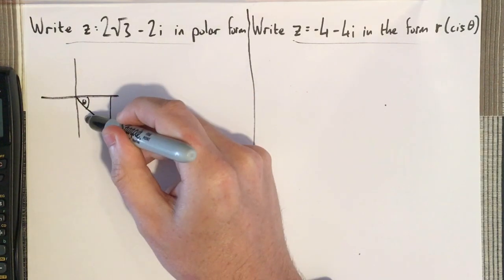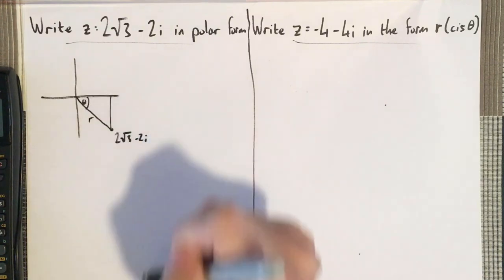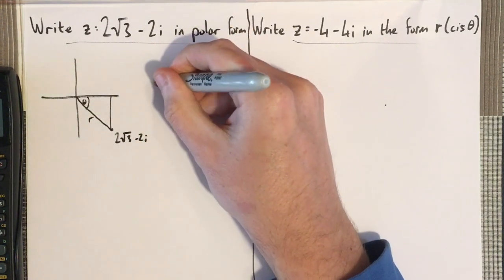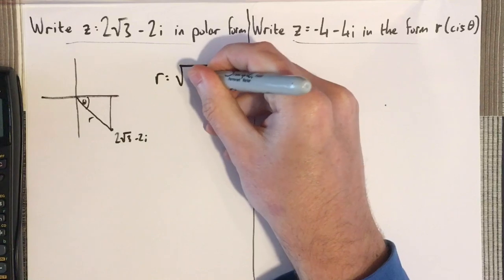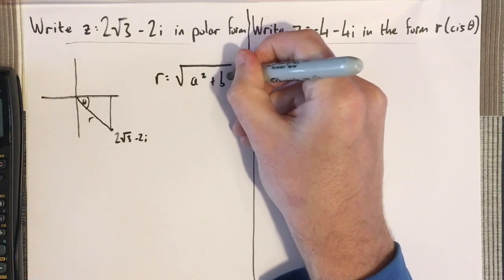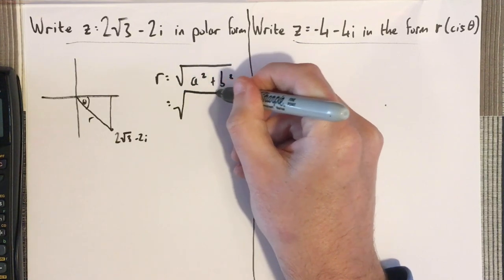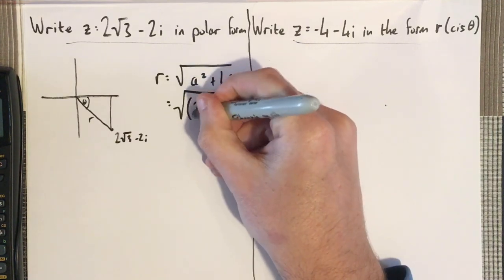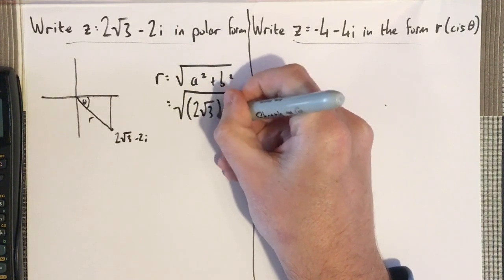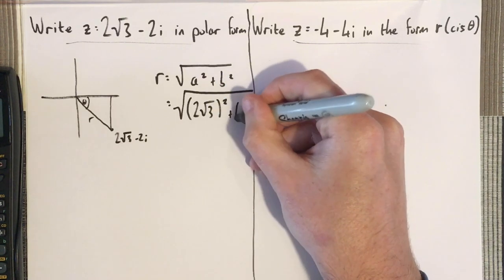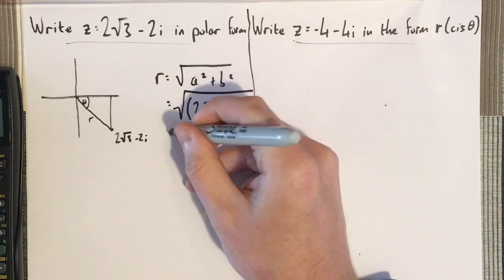So just marking in our modulus and our angle. We'll work out the modulus first. Square root of a squared plus b squared. So that is the square root of 2 root 3 squared plus minus 2 squared.